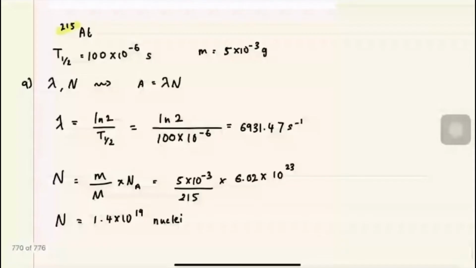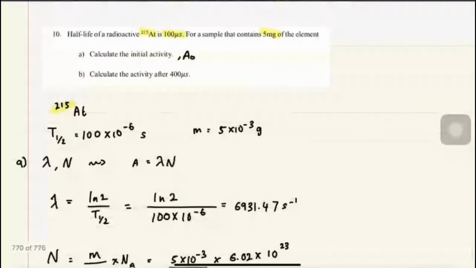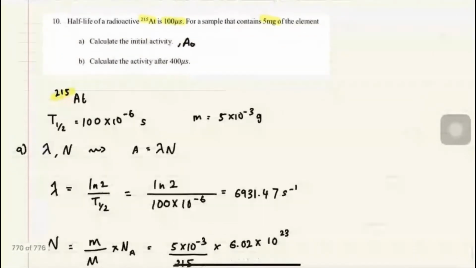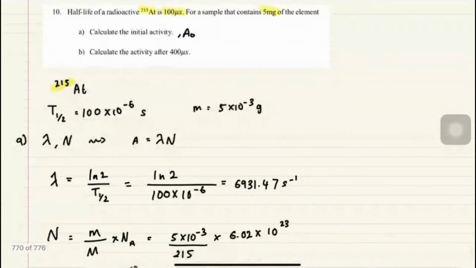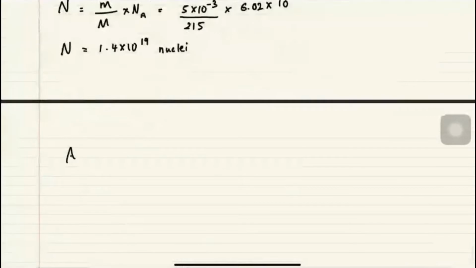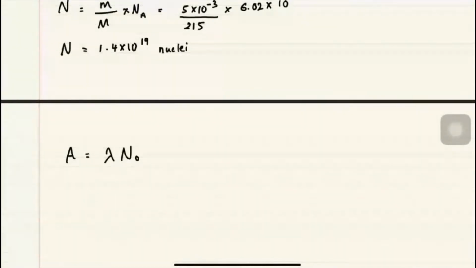Okay, so now that you have lambda and N, you can find A. The mass of 5 gram means the mass of the initial sample. So if I write down N as N naught, that means my A is A naught as well.